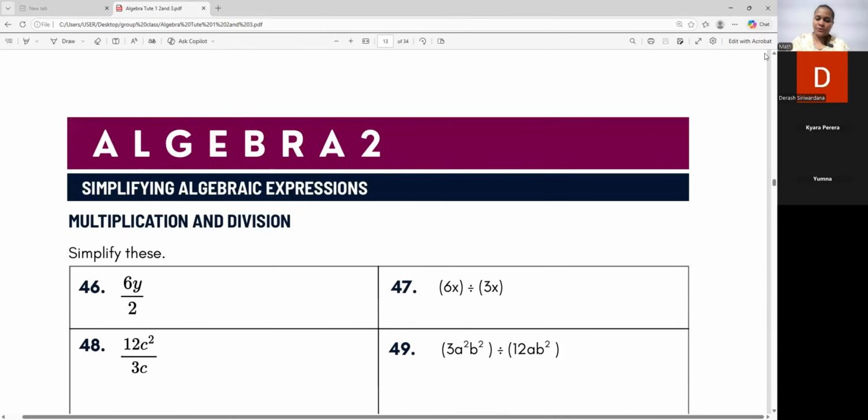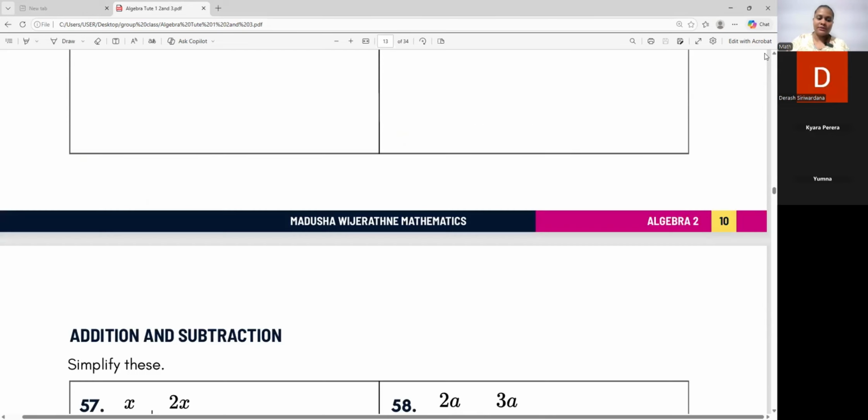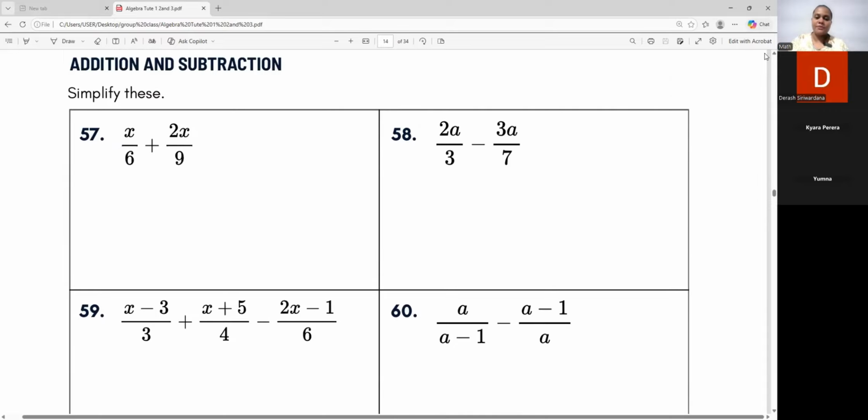Then algebra part 2 is again starting from simplifying. Then like in fractions, we can add, subtract, divide, multiply algebraic fractions also. Algebraic fractions means fractions with algebraic term. That's the only difference. Same like the normal fractions, addition and subtraction, we need to get the common denominator.